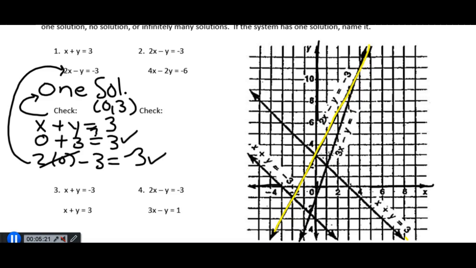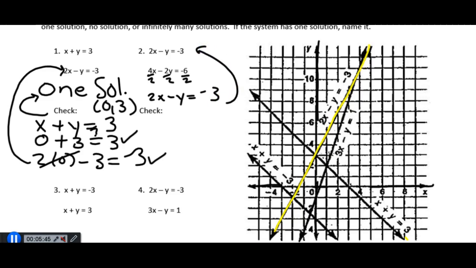But when I take a look at this equation, it's a little strange. I notice that 4, 2, and negative 6, that equation's really not in its simplest form. I could divide all of those numbers by 2 to clean it up. 2x minus y equals a negative 3. Well, it's the exact same line.